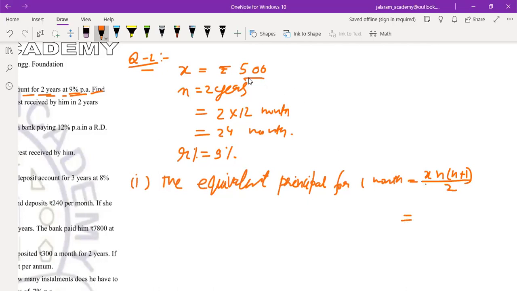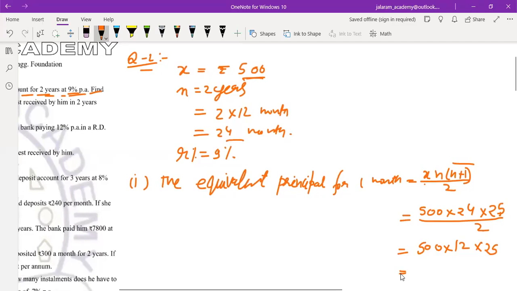That is, x means installment per month, 500, n means number of months, 24, n plus 1 is 25, by 2. So 500 into 12, 2 12s are 24, 12 into 25. You can multiply this easily. 12 into 25, 3 5s are 15 and 4 zeros after that. So this rupees 1,50,000 is the equivalent principal.